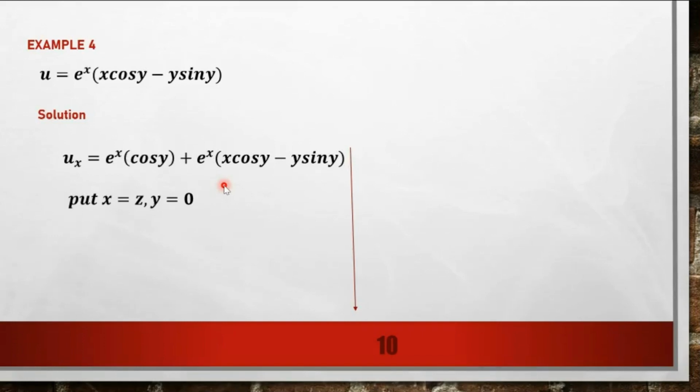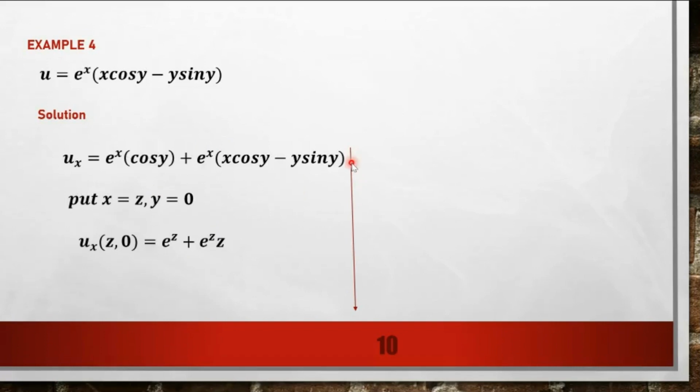ठीक है, तो what will remain now? अगर मैंने x को z पुट किया और y को 0 पुट किया तो what will remain? Just tell me what will be ux at the point z comma 0. e raised to z into z plus 1. Okay, right. अगर मैंने x को z पुट किया तो e raised to z हो जाएगा. cos y, y की वैल्यू 0 है, cos 0 is 1. तो यहाँ बचेगा e raised to z. यहाँ पे भी x के बदले z पुट करना है, cos 0 के बदले 1 and y is equal to 0. तो we will have e raised to z plus e raised to z into z.